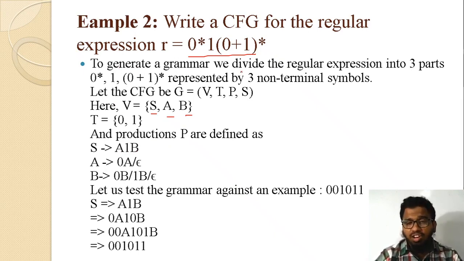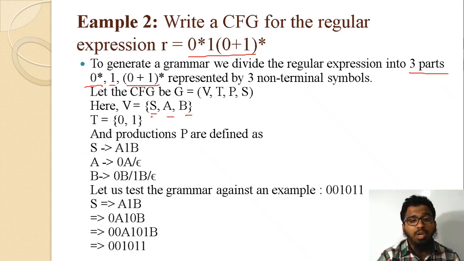To generate a general grammar, we divide the regular expression into three parts: first one 0 closure, second one is 1, and third one is 0 plus 1 closure, and represented by three non-terminal symbols. Because of this, we are taking three non-terminals.